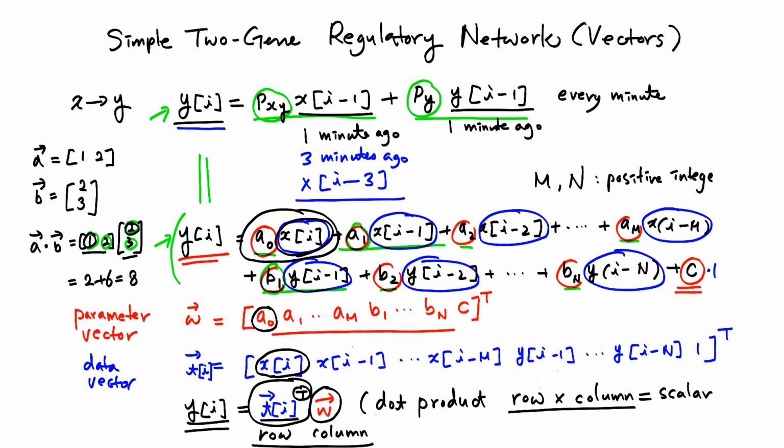And if you multiply the second component of this data vector, x of i minus 1, by the second component of this W vector, A sub 1, you get this second term, which is A sub 1 times x of i minus 1, and so on.